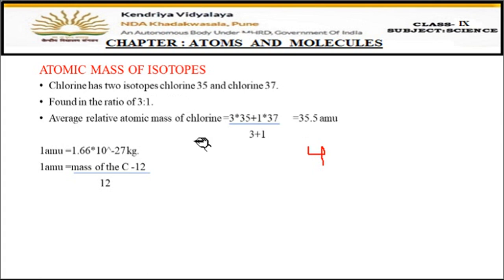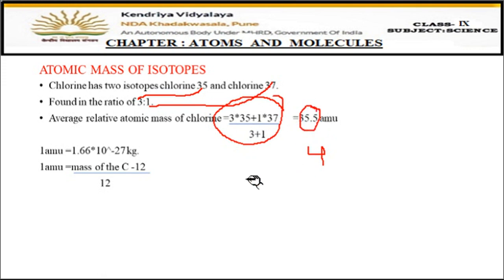So the total of the ratio is taken as the denominator, and 3 are of 35, so we multiply, then plus 1 is of 37, so we multiply again, and in between there is an addition sign. When you solve this, you will get the answer 35.5. That means the average atomic mass of chlorine is 35.5. Whenever you have to use this value, use the average value, because there are two isotopes of chlorine.